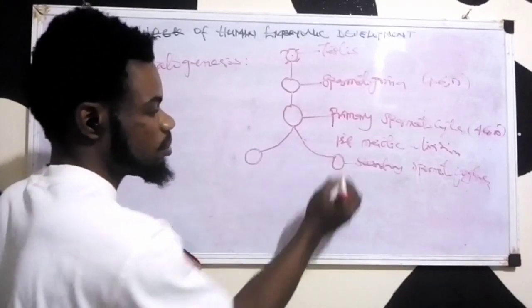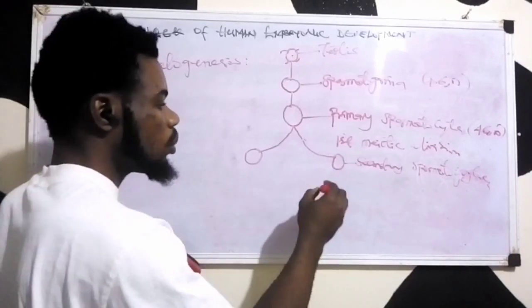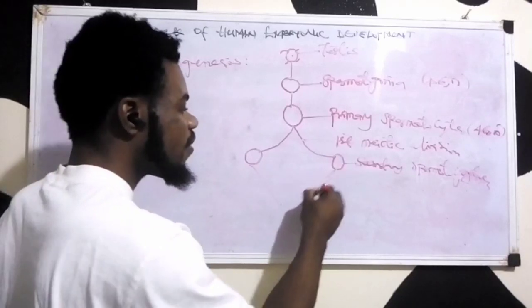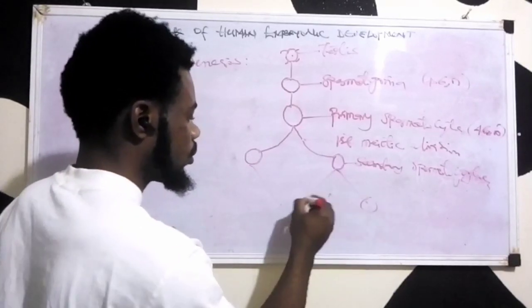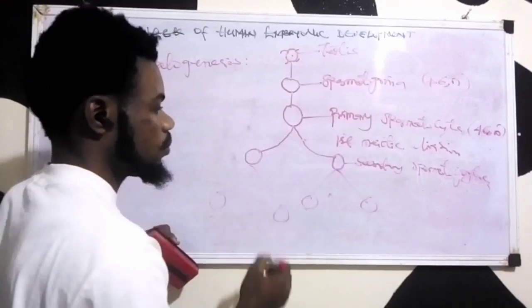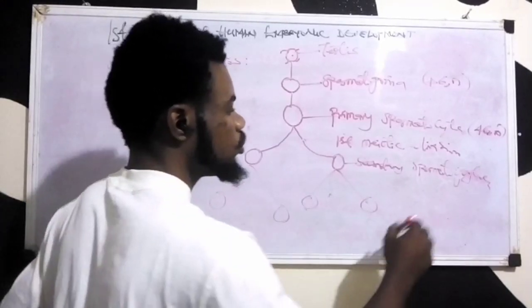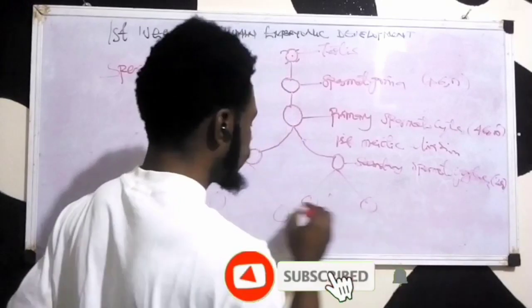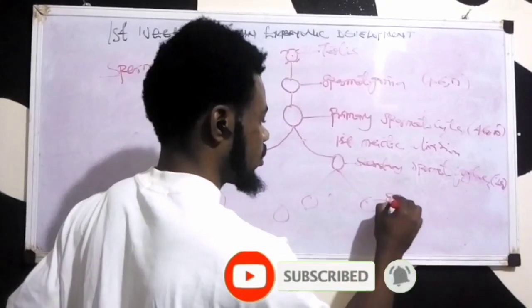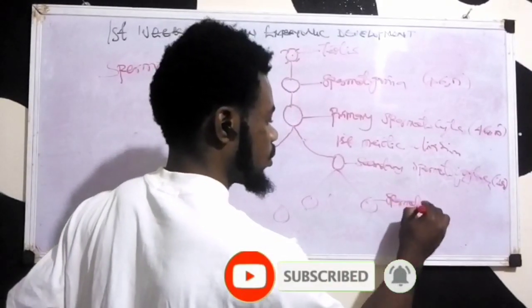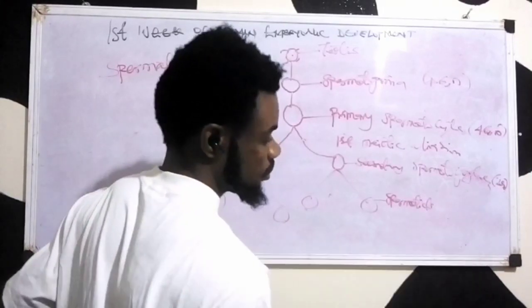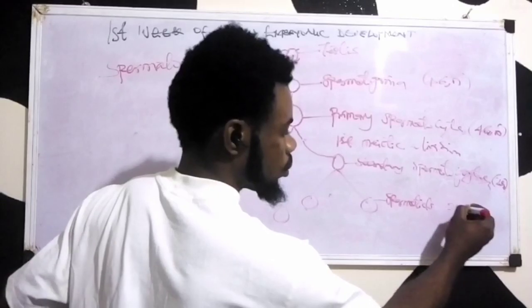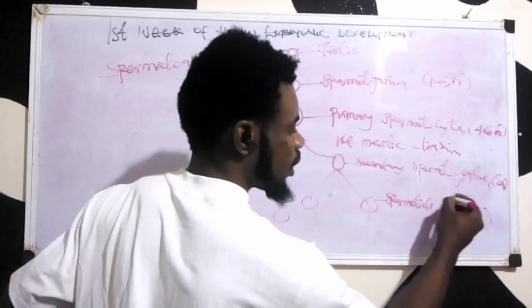Now, the second meiotic division occurs to give rise to further 4 daughter cells with haploid number. These are called spermatids.